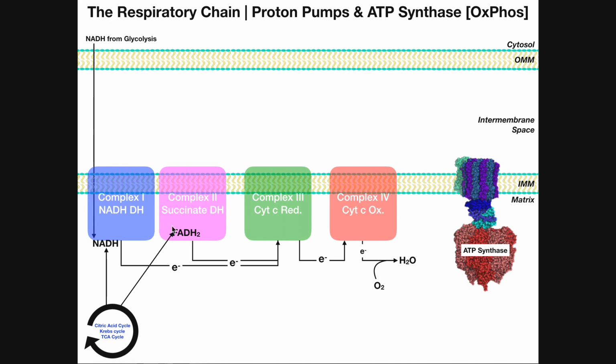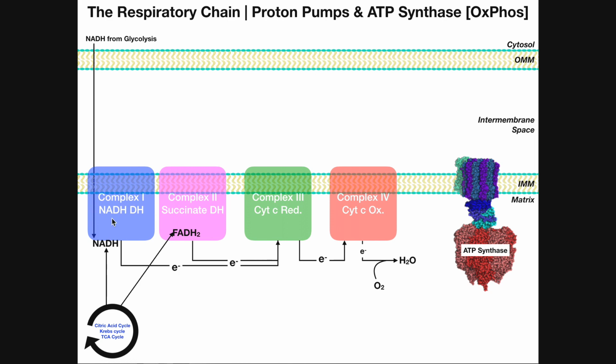So these two molecules are carrying electrons. And what NADH will do is it will transfer its electrons to complex 1. FADH2 will transfer its electrons to complex 2. And ultimately what these proteins do is they collectively shuttle their electrons to complex 3. Okay? So they do it independent of one another.